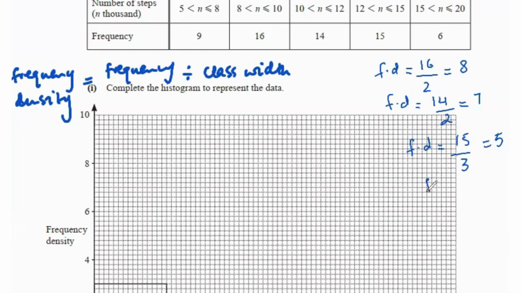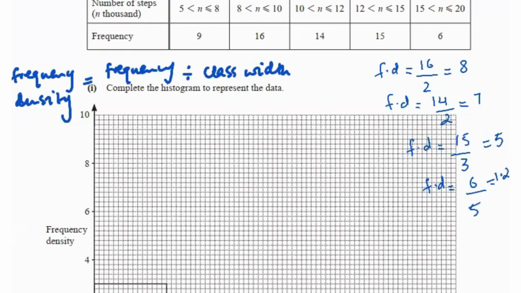And for the last one, frequency density is 6 divided by 5, which is going to be 1.2.